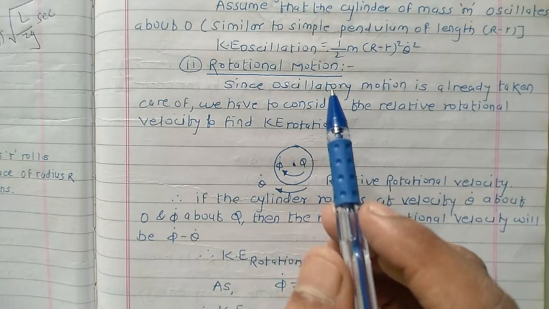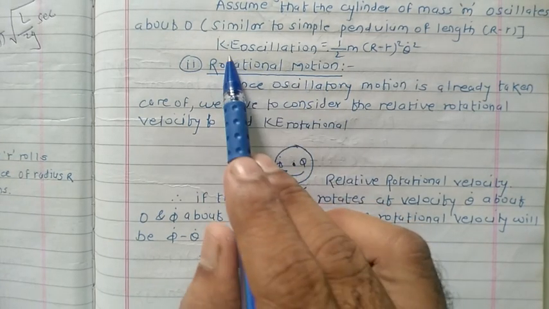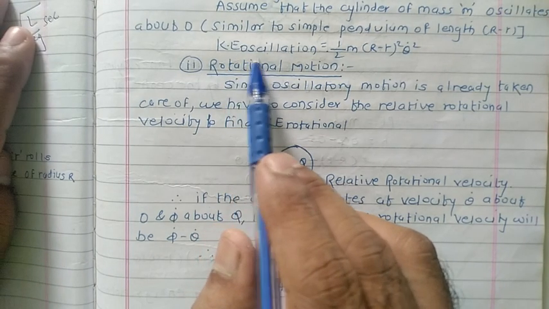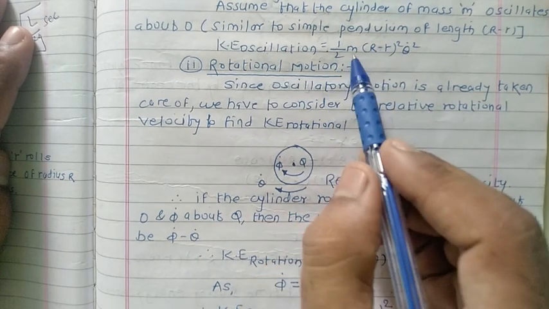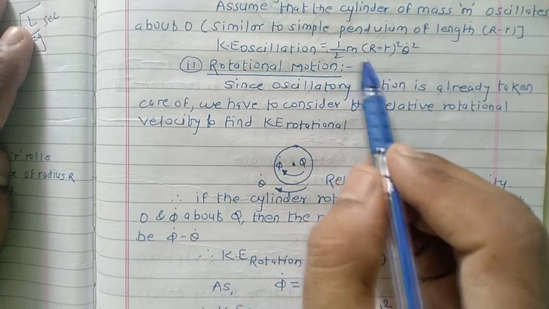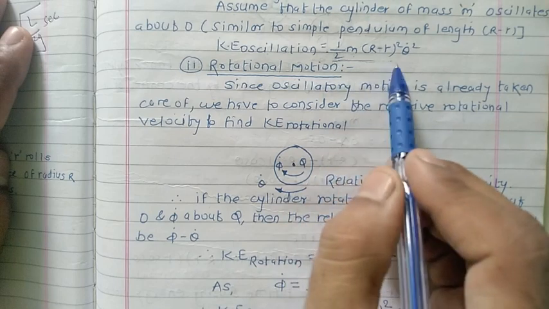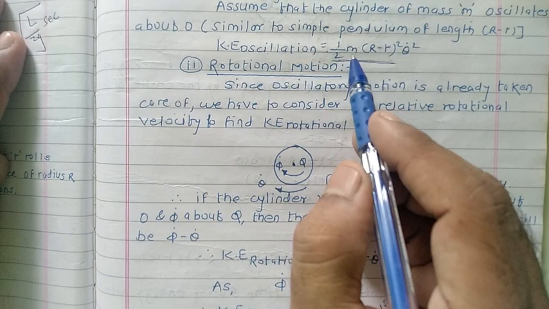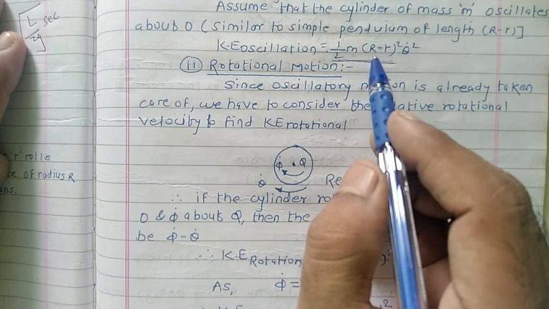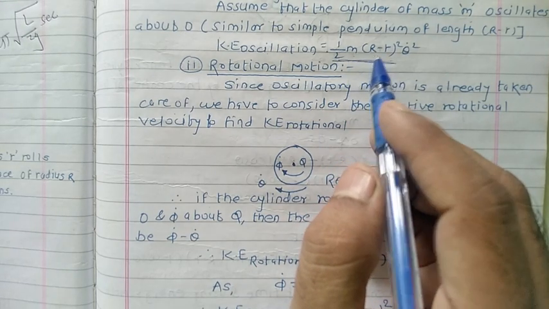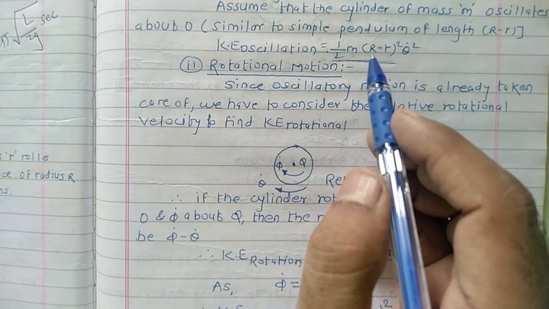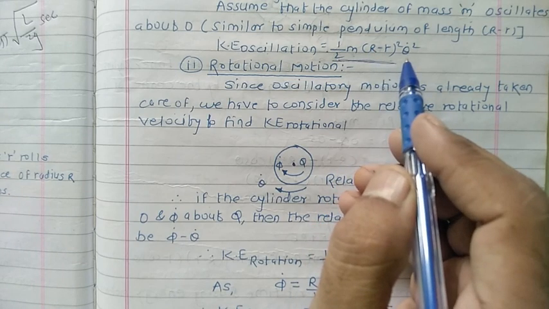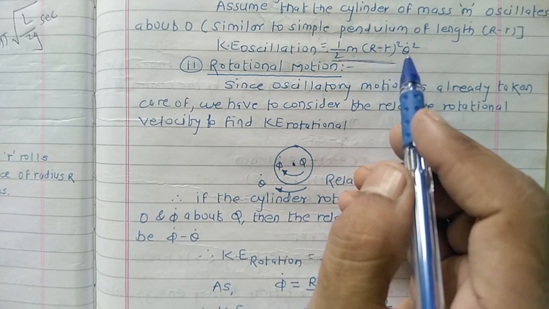So the kinetic energy possessed by the cylinder during the oscillation is 1/2 multiplied by the mass moment of inertia, 1/2 m times capital R minus small r whole bracket squared, multiplied by the velocity during the oscillation, theta single dot squared.